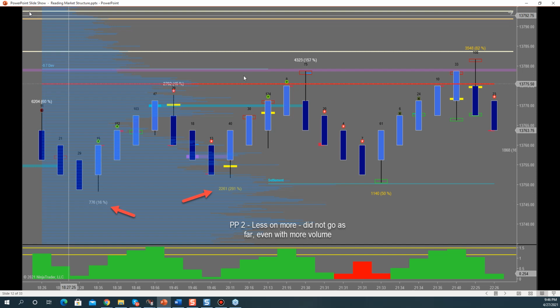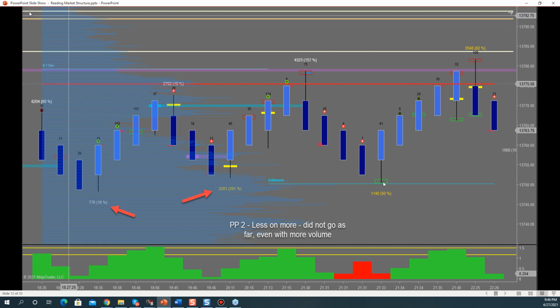So now the market has come down, bottom of the range, come up, top of range. Down, bottom of the range, up, top of range. Now it pushes back down to the bottom of the range. The market went down a little bit further here than it did over here. Remember this? This was the first screenshot I showed you a while back, teaching you the power play 1.